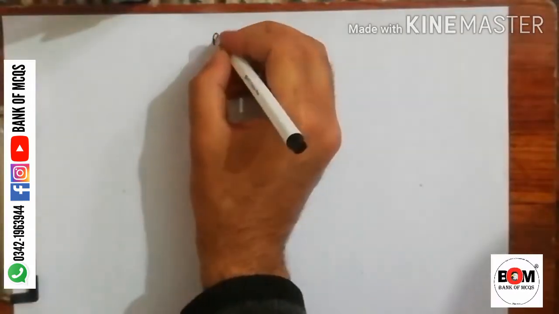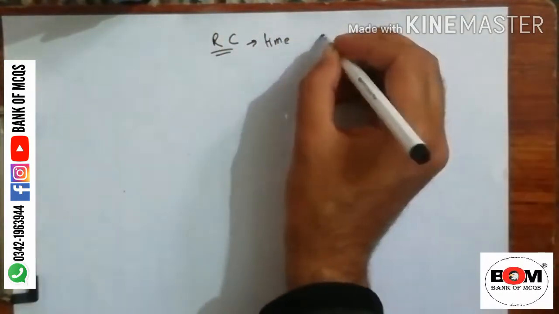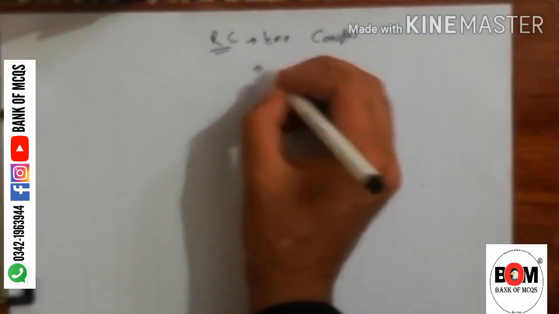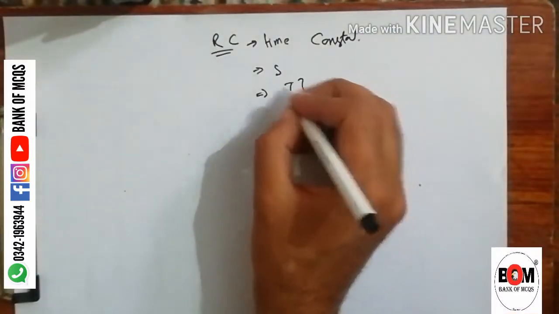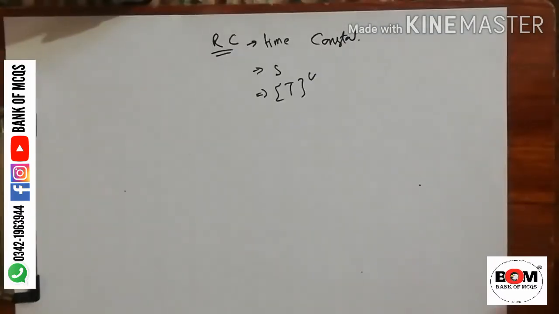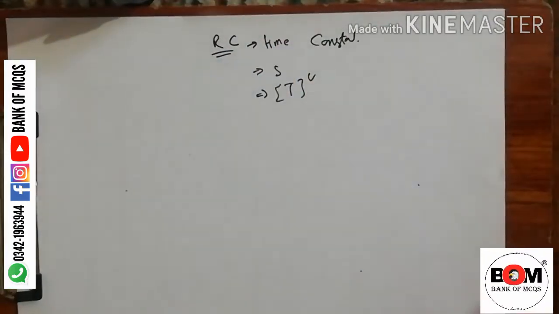So this was about the RC time constant. The unit of RC is second and its dimension is time. Bear in mind that RC has the dimension of time, where RC is called the time constant, or the duration of time.